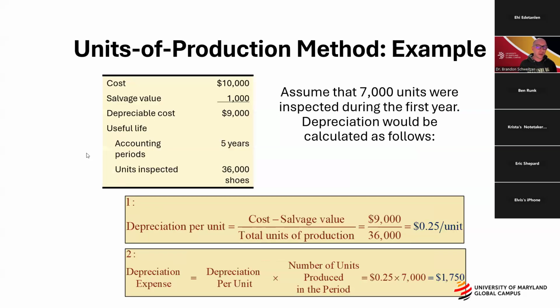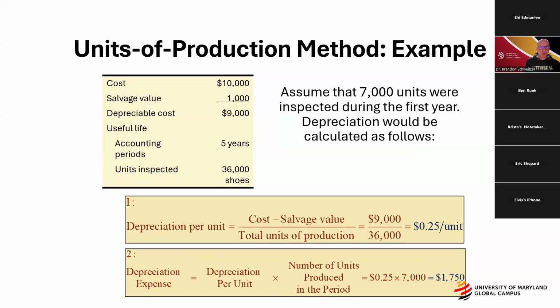And using the same exact example we had before, we can do this computation. So the cost is 10,000 for the machine minus the salvage value of $1,000 equals a depreciable cost of 9,000. Useful life is 5 years. We expect to produce 36,000 pairs of shoes throughout the useful life of the asset over the 5 years.